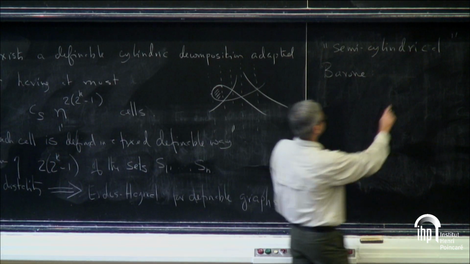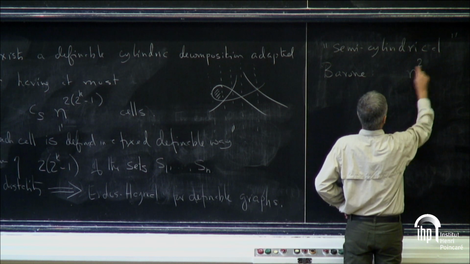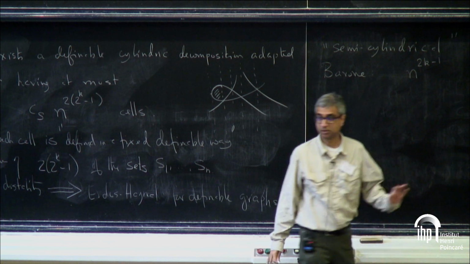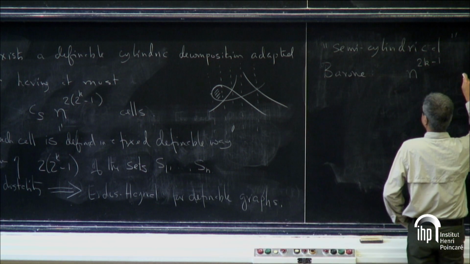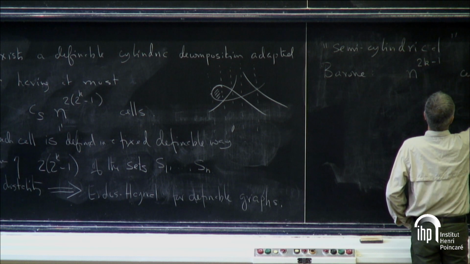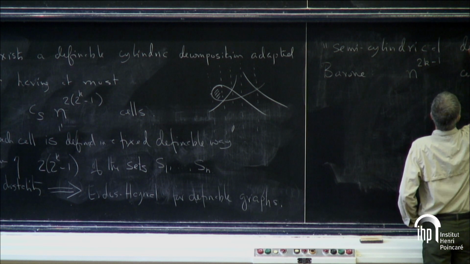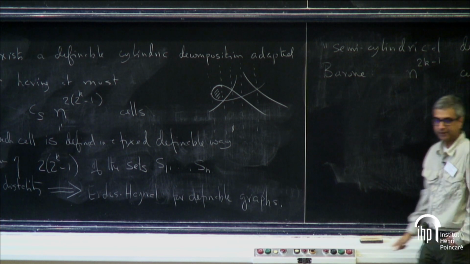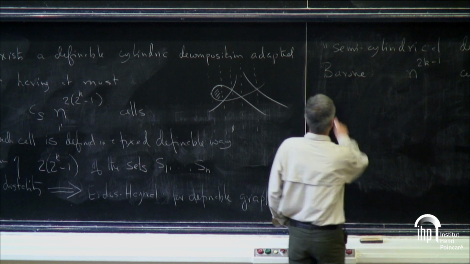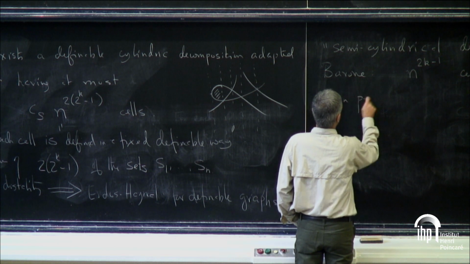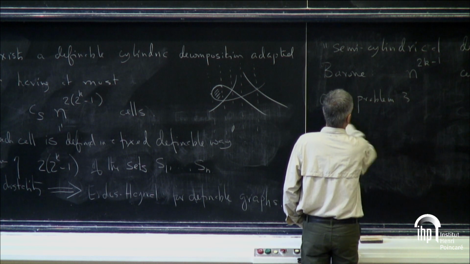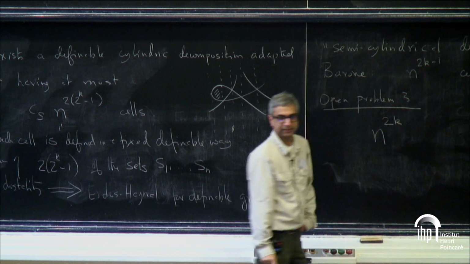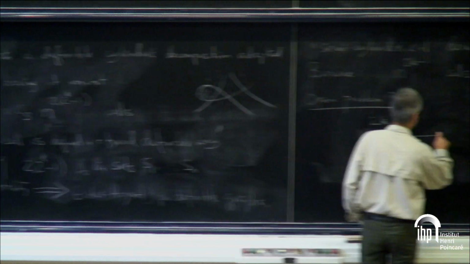And it has n, so I'm ignoring the constant here, might be 2k minus 1 or something, number of cells. But what seems like a very difficult open question is to go from something like 2k to k.